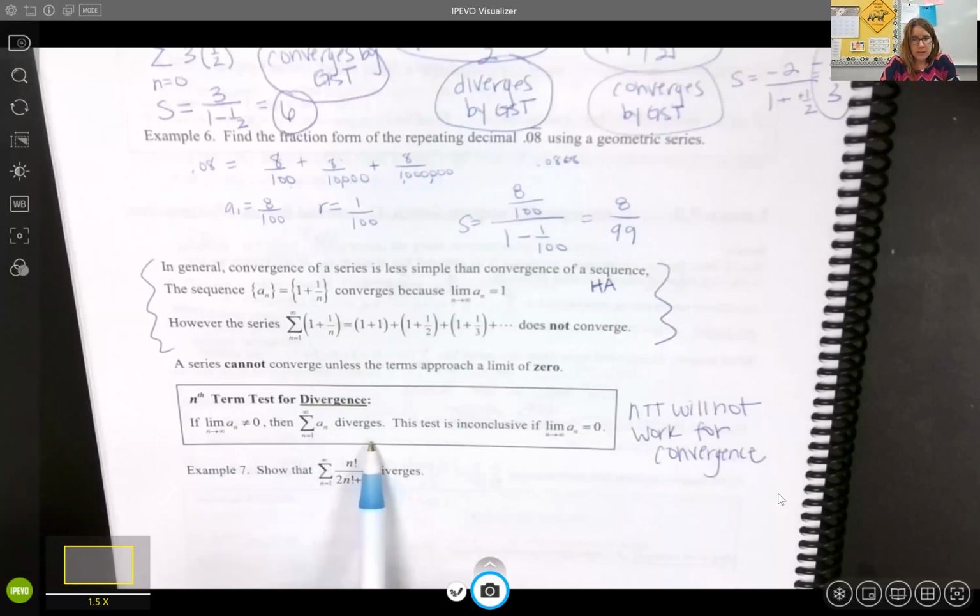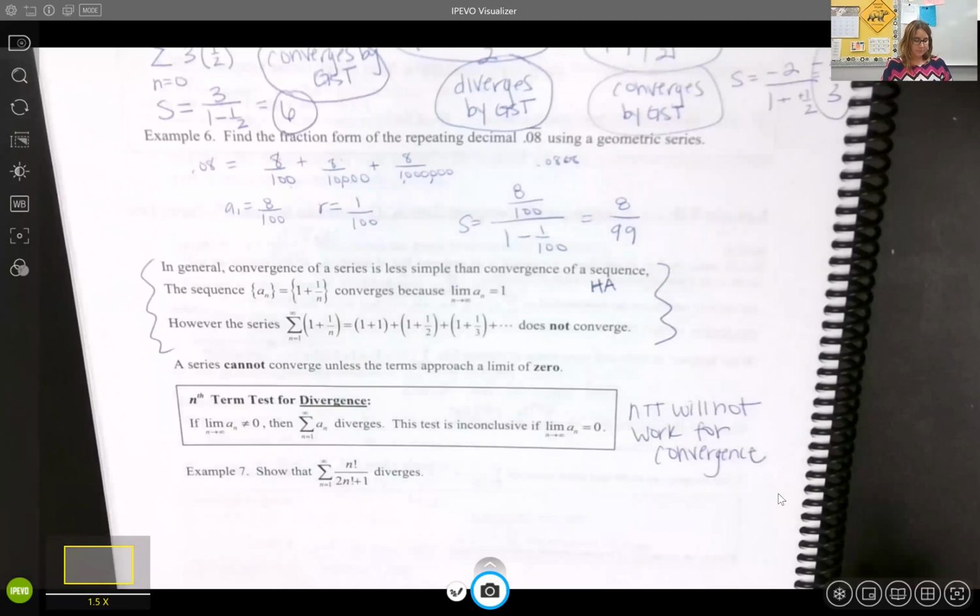If you do get a limit of 0, then it's inconclusive and you have to use a different test. We don't know other tests right now, but there are several. You can't just say that because it goes to 0, it is convergent. There have to be other things that apply there.